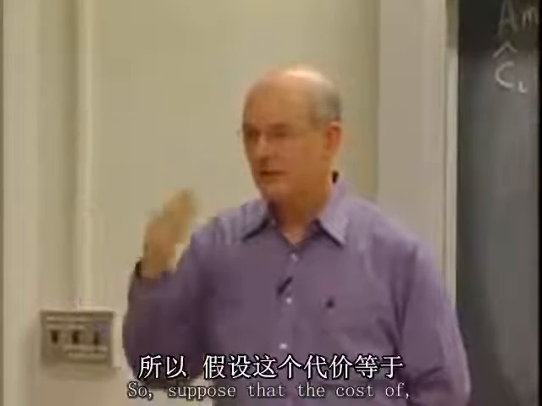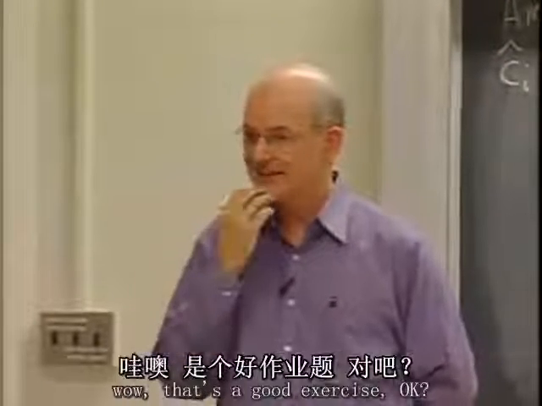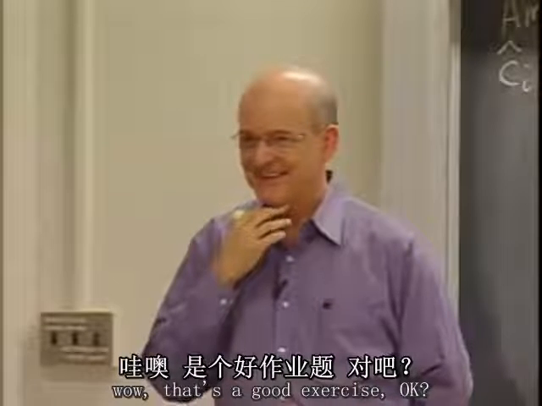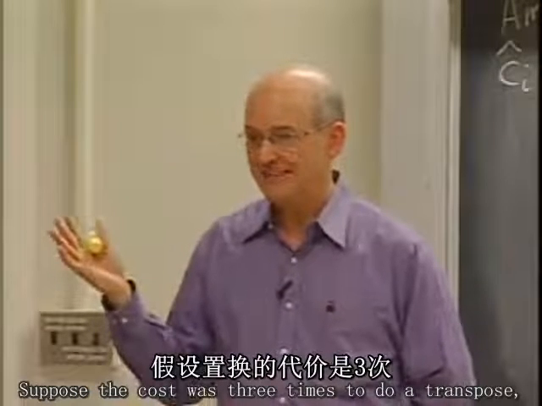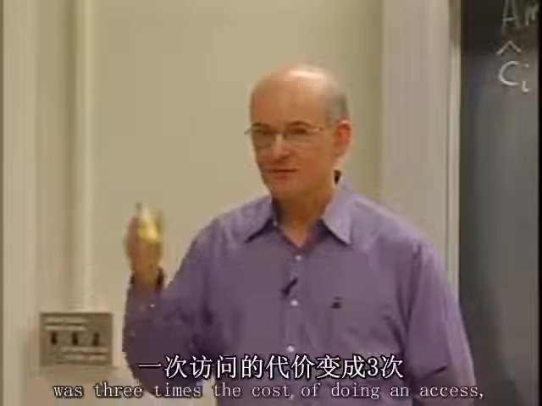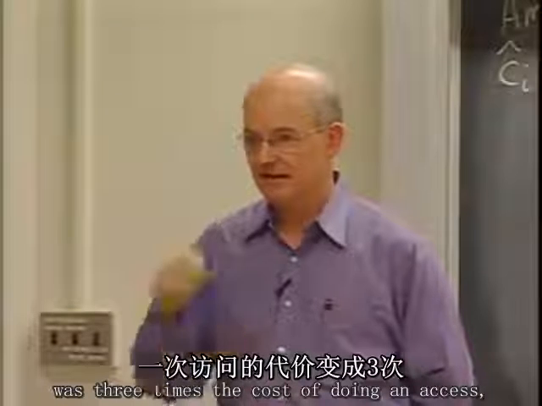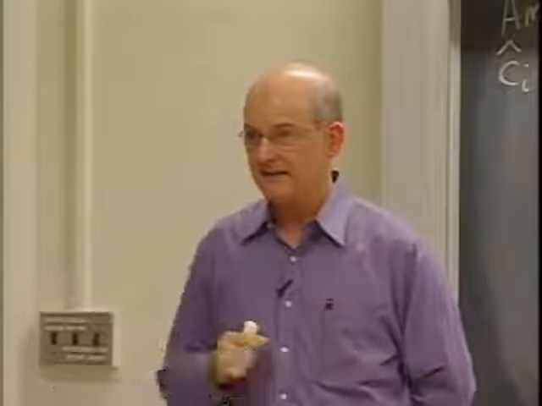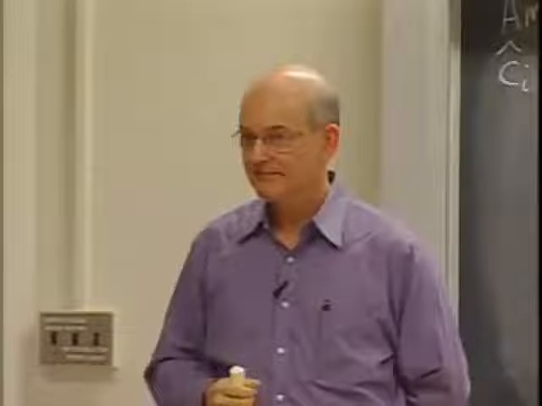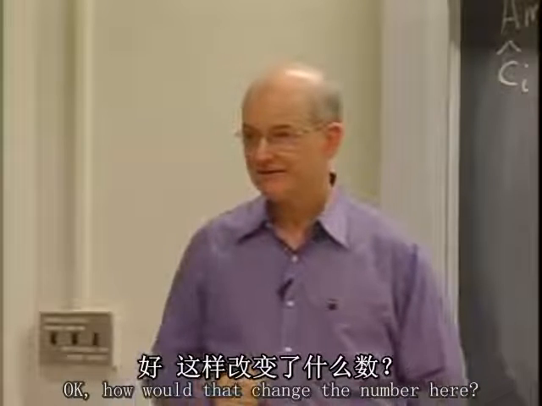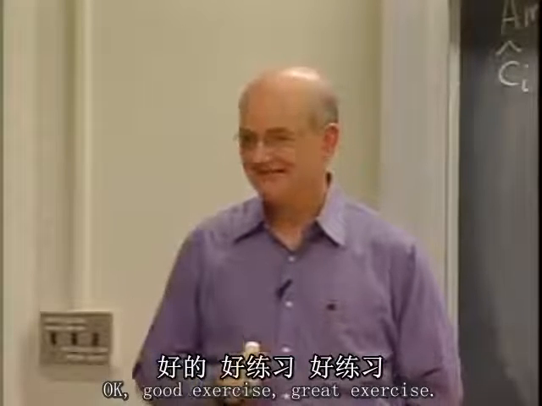Suppose the cost of a transpose was 3 times the cost of doing an access, following a pointer. How would that change the number here? Good exercise.